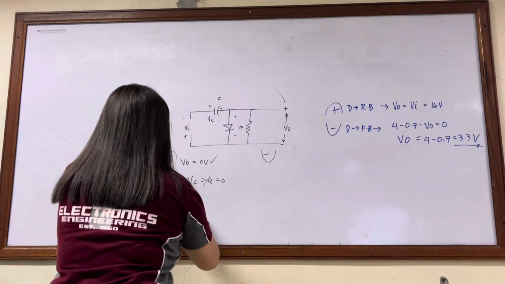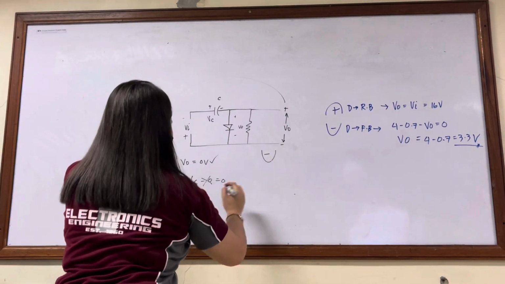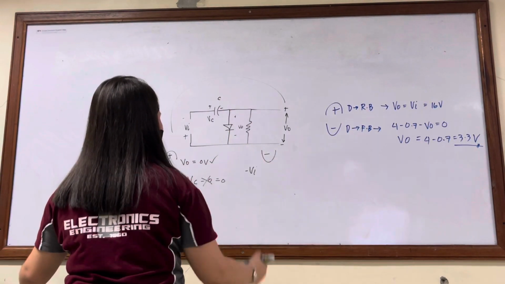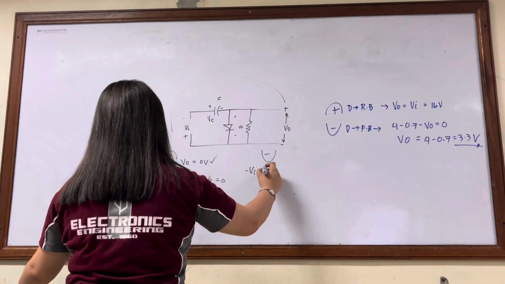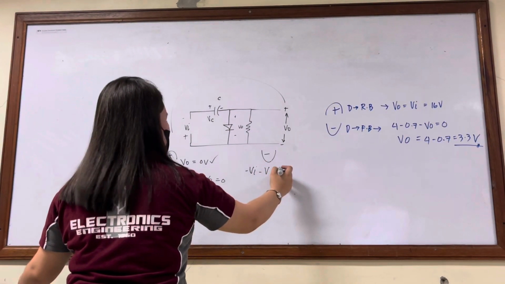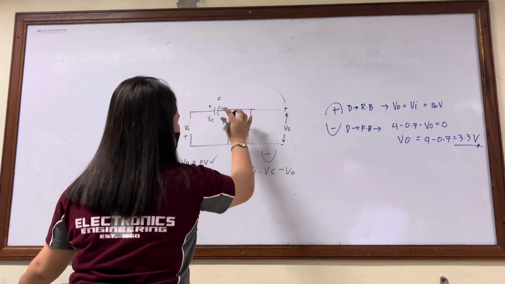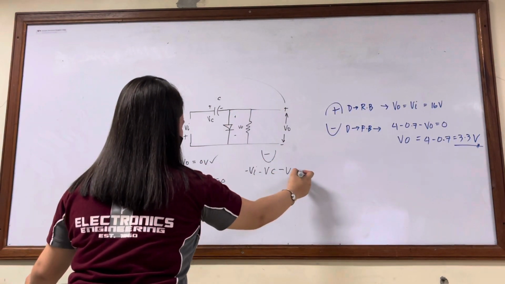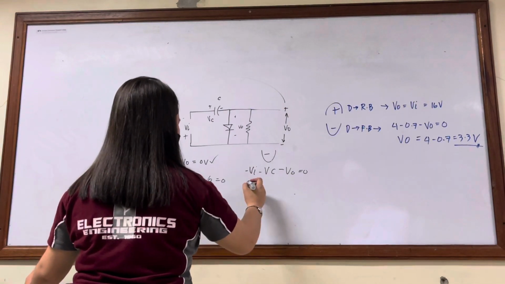So we have negative VI minus VC, then minus VO, equal to 0.